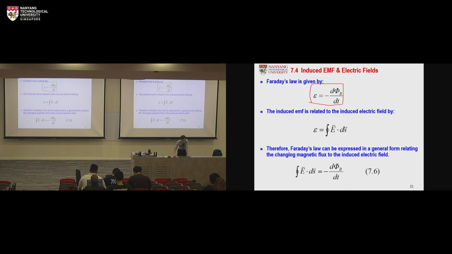If you combine these two, you will find out how we can have the induced electrical field E from a changing magnetic flux. This is the so-called Faraday's law of electromagnetic induction.